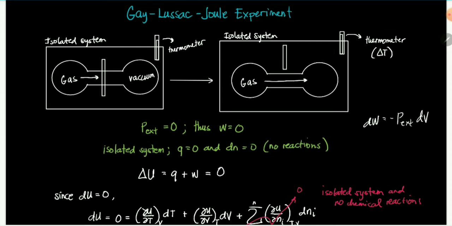Okay, so how do we analyze this using the first law of thermodynamics? Okay, so let's see. dW is equal to negative P external dV. So this is work. Okay, since the external pressure is 0, since vacuum ito, okay, work is 0. Also, the system is isolated, so walang exchange of matter and heat, so Q is equal to 0.